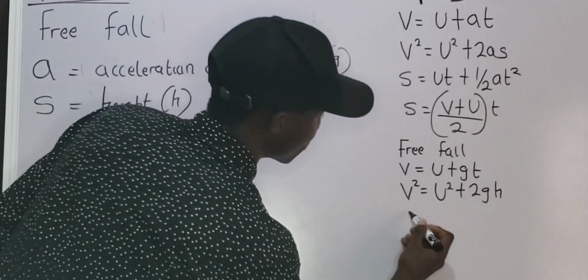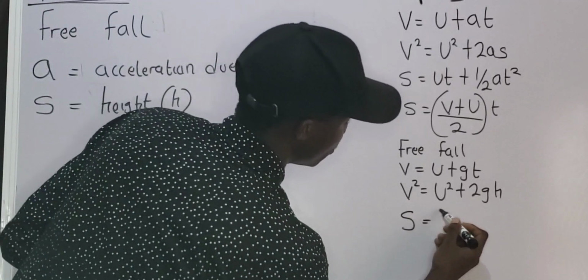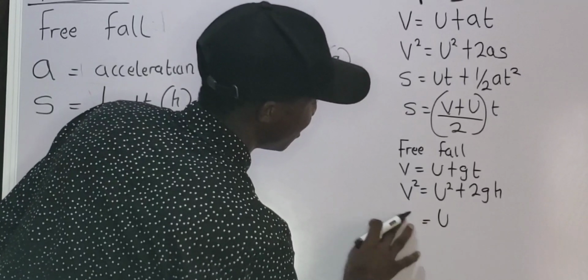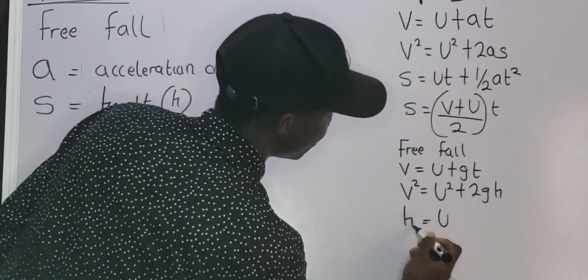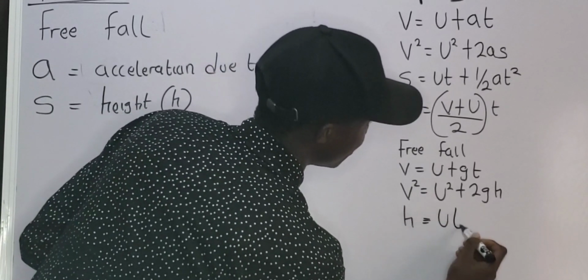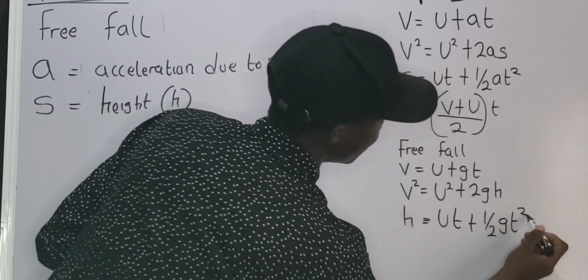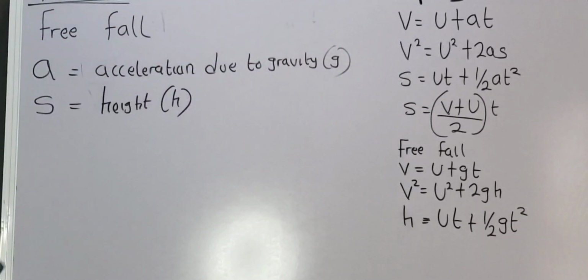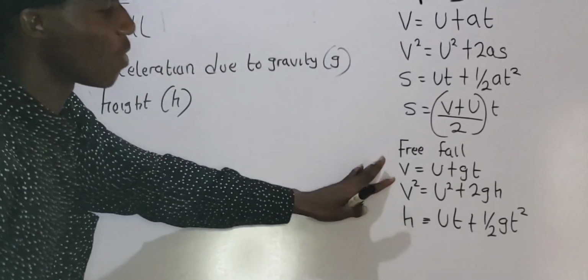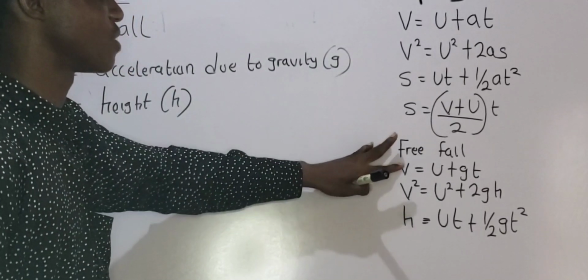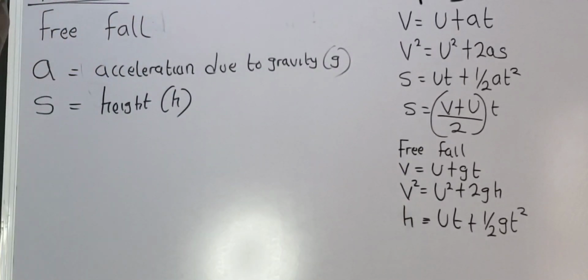And the third equation becomes s, which is h, is equal to ut plus 1 over 2 gt squared. Do you understand? So these are the equations of free fall, motion of an object under free fall.